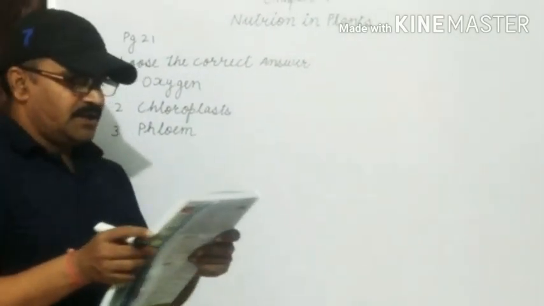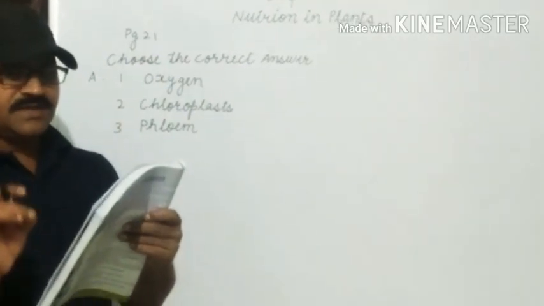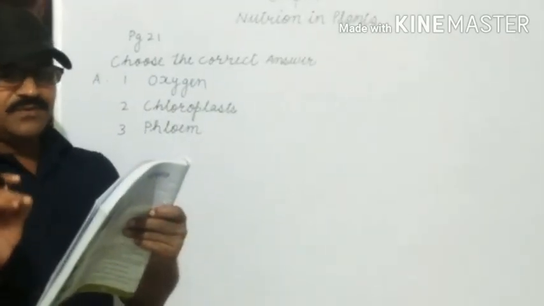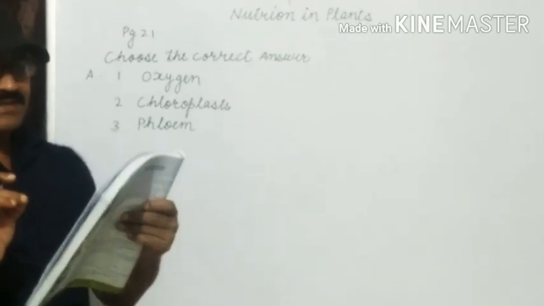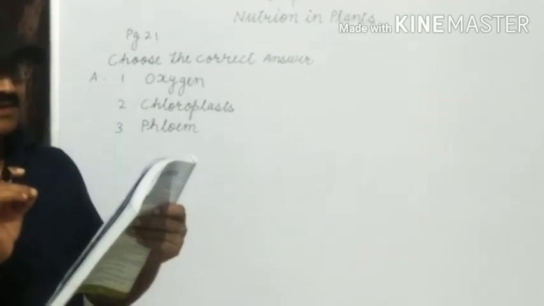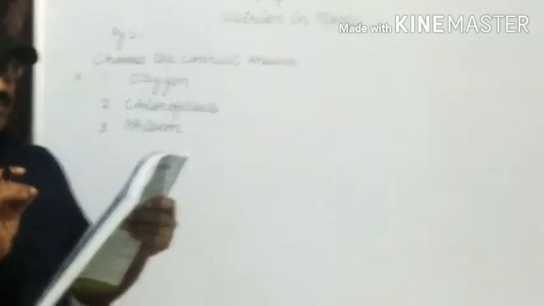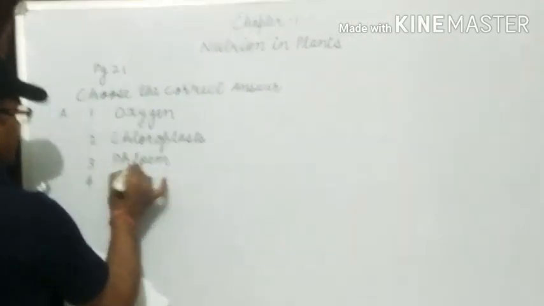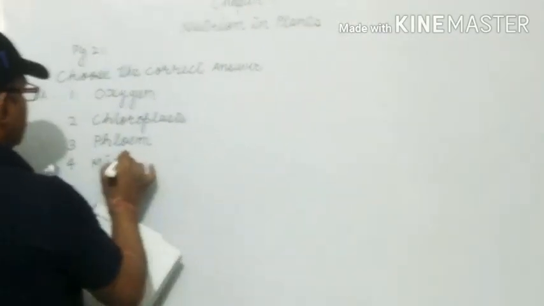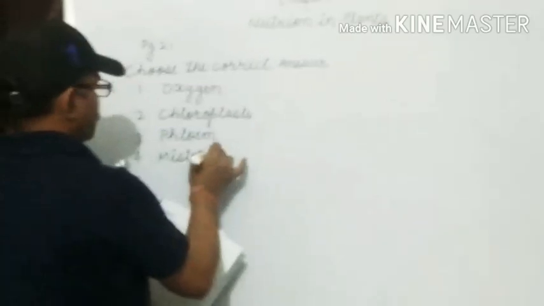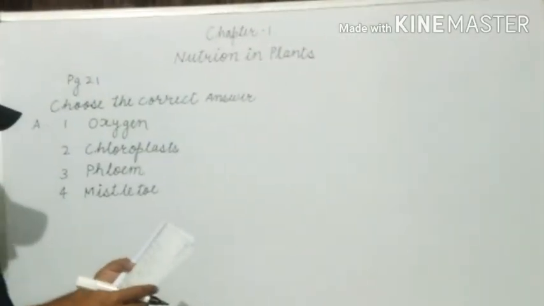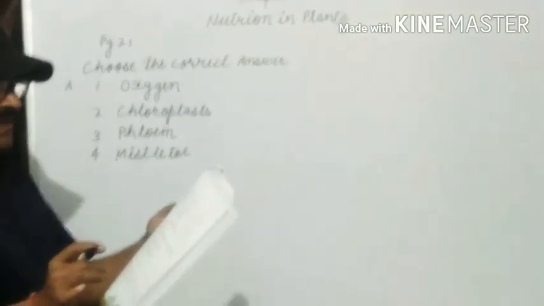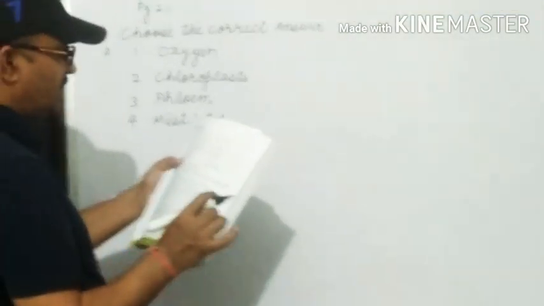Next, which of these plants have chlorophyll and can photosynthesize? Answer is mistletoe. Next, a lichen is an example of, answer is symbiotic relationship.